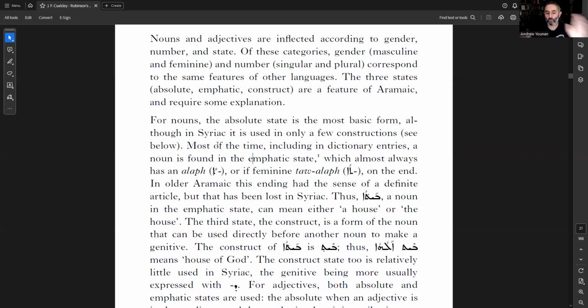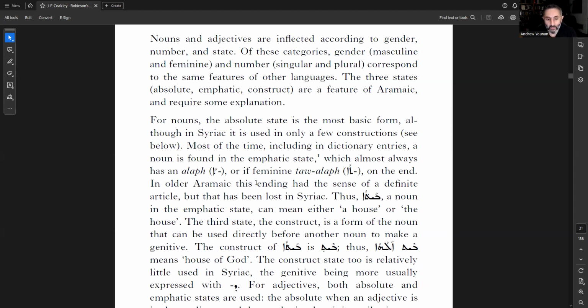So the way you learned the noun in Chaldean, where masculine nouns usually end in a and feminine nouns usually end in tau alaph, that is the case in the emphatic state. So the noun that you've known from Chaldean is the emphatic state noun. That's the basic form of the noun.